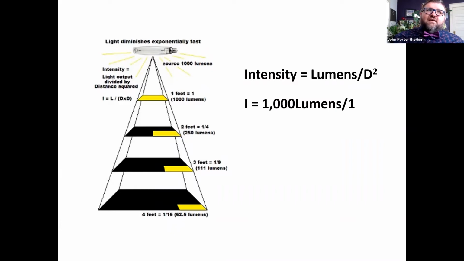So if the light is 1 foot away from the plant, and it's a 1,000 lumen bulb, 1 foot away is 1,000 lumens. 2 feet away though, that's actually only 250 lumens. 3 feet, it goes down to 111. And so we see less and less light as we get farther and farther away from the plant. We see a lot of plant lights that you might get and they might be far away, but they actually need to be very close to that plant to get the ultimate effect. And we'll talk about that a bit.